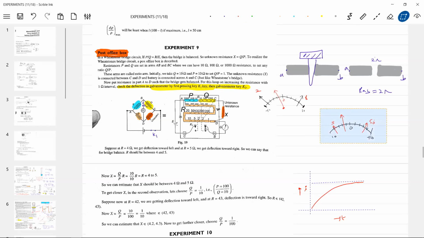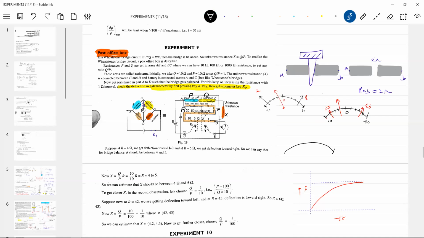That's why I'm giving this information. This should be 35. Next, you'll see this. Minus 10 and plus 10 are the deflections on the scale of the galvanometer. What are 2 ohm and 8 ohm? Somebody is asking, sir, what is this 35?